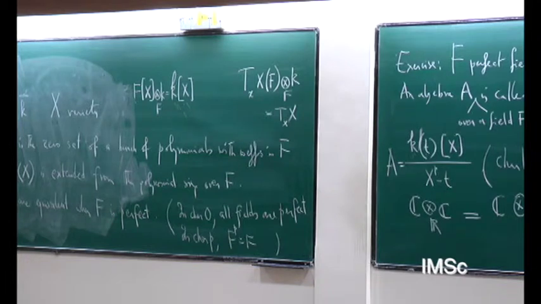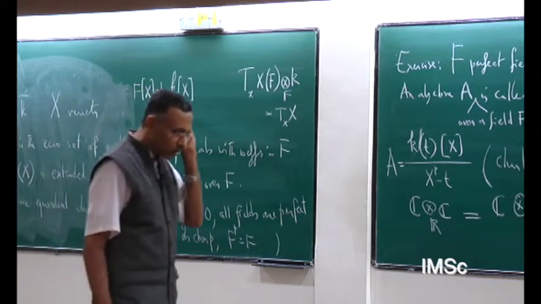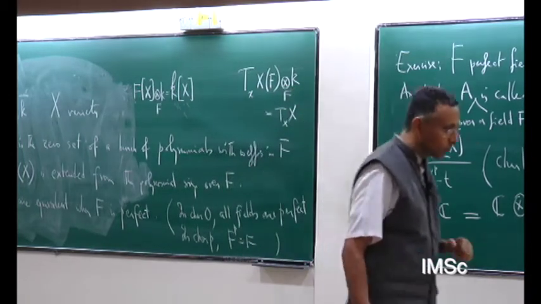Okay, sorry, yeah, now I remember that you asked this. Okay, no, I don't think perfectness should enter there at all. Otherwise, if I don't have a finite set of polynomials which generate the ideal of the variety, how would it work?